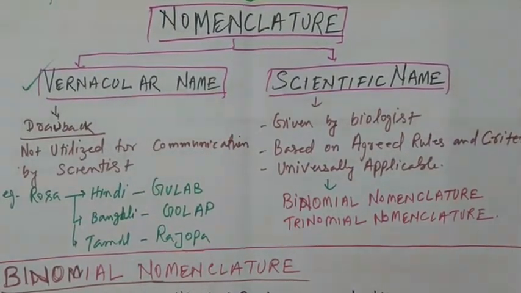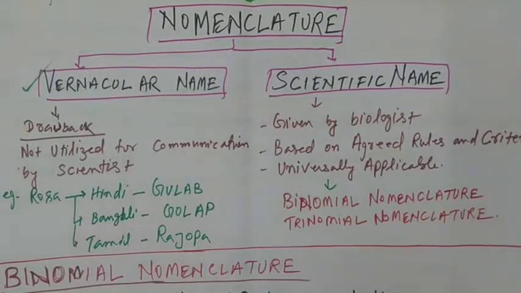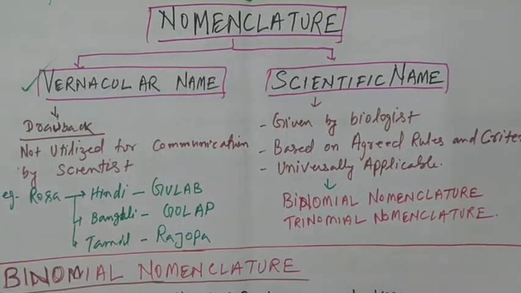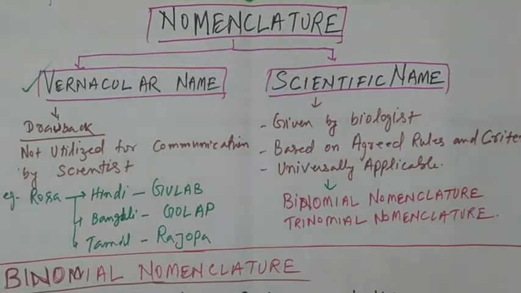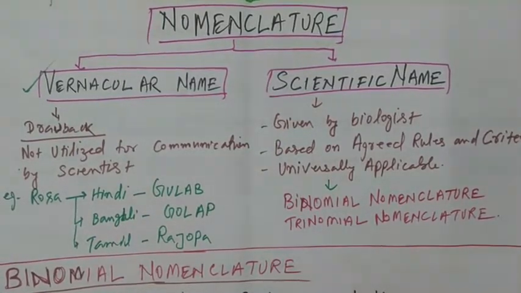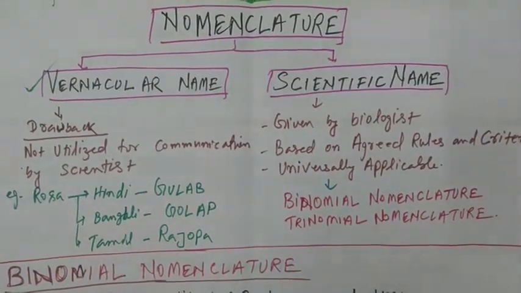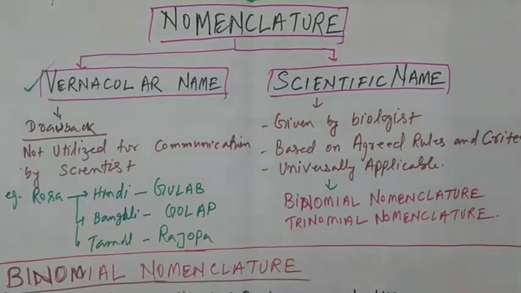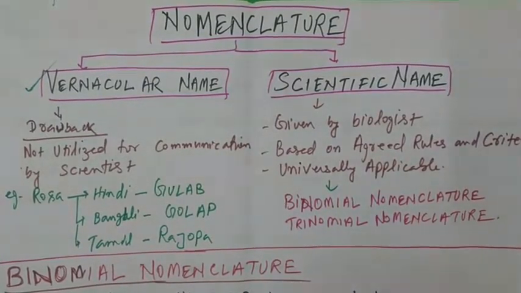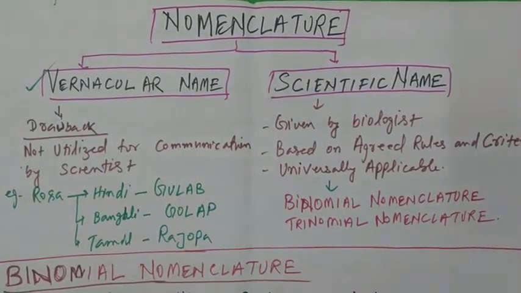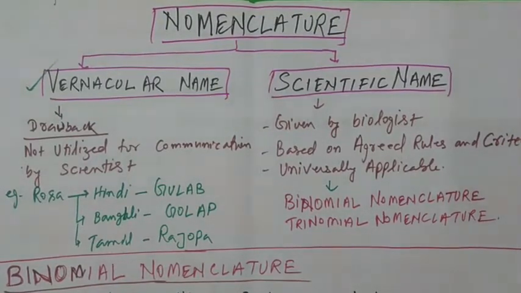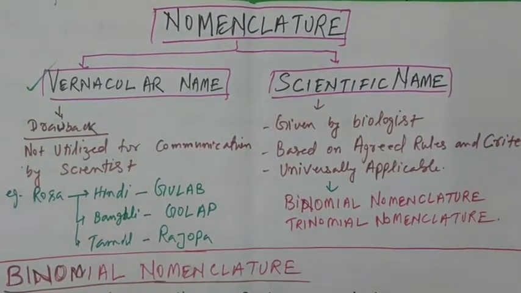Local people are not going to provide a name to each and every individual in their local language. Basically there are some limits. Another drawback of this naming is that the name is not going to be utilized universally in scientific communications.